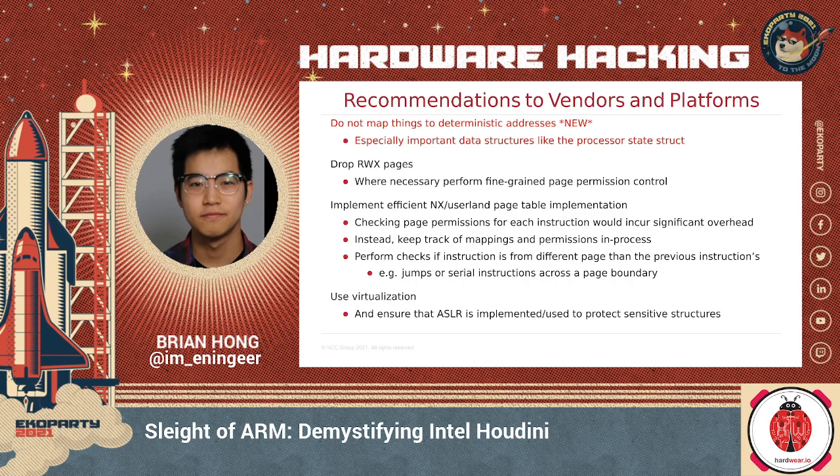So we understand checking page permissions every instruction would incur significant overhead. So instead, we just keep track of the mappings and permissions in process, kind of like page tables, and only perform checks if an instruction is going across the page boundary or jumping somewhere, which would reduce the performance overhead.